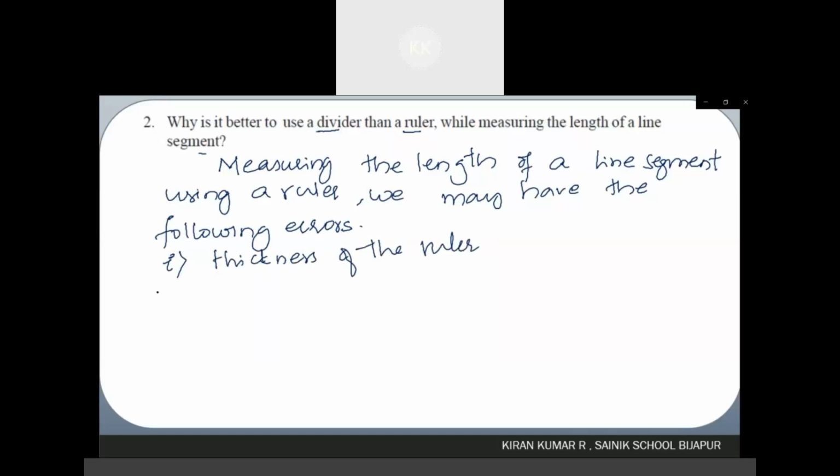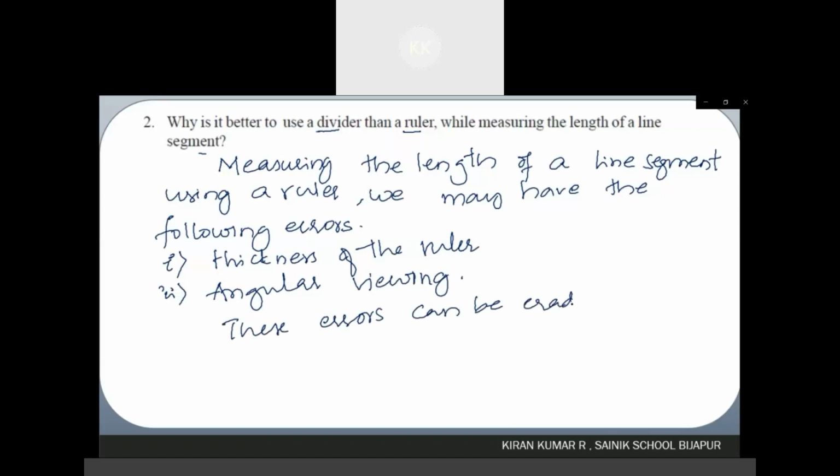The second error could be angular viewing. These errors can be eradicated by using a divider. So it is better to use a divider than a ruler.